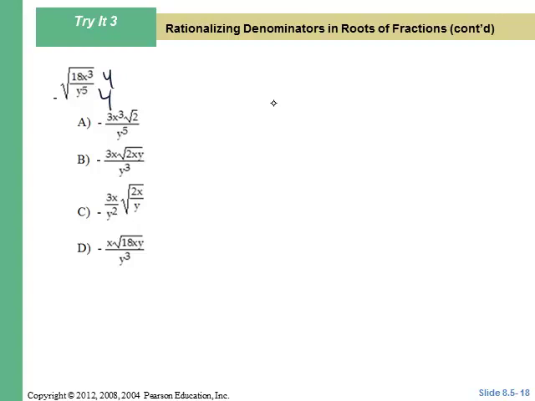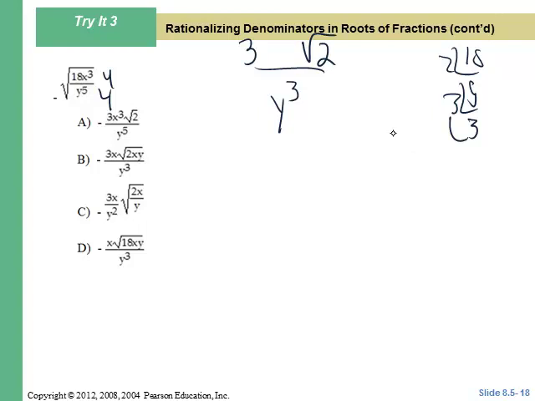The square root of y to the sixth is y to the third. Square root of 18, 18 divided by 2 is 9, divided by 3 is 3. So that's 3 root of 2, and there's a y, and there's also an x because there's an x out front. So it's negative, I forgot about the negative sign here, negative 3x root of 2xy over y cubed.